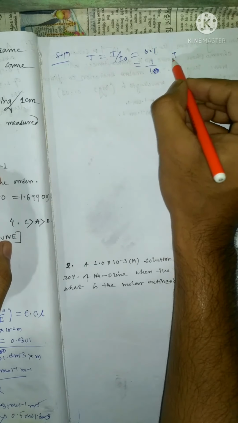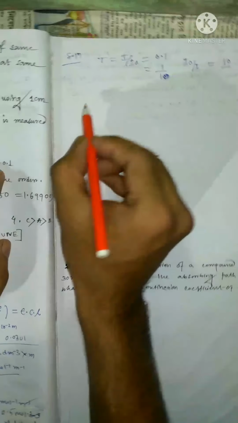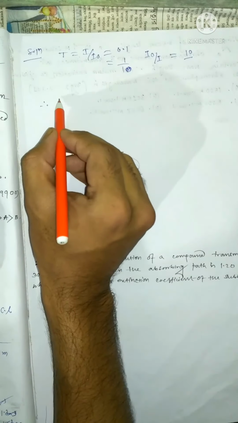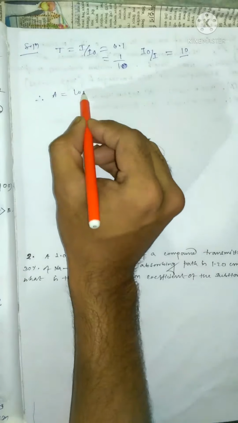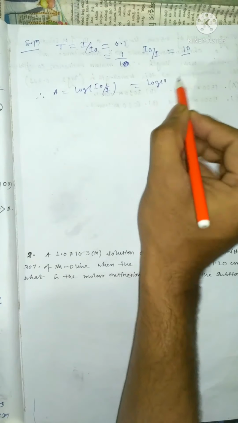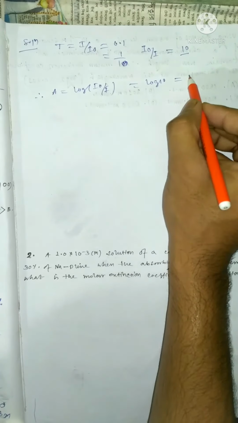So I0 by I equals 10. The optical density A equals log I0 by I, meaning log 10, and log 10 equals 1.